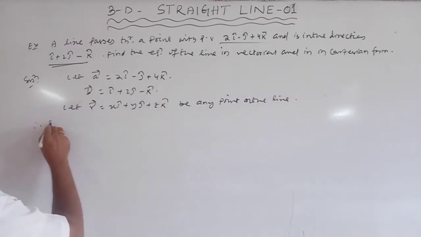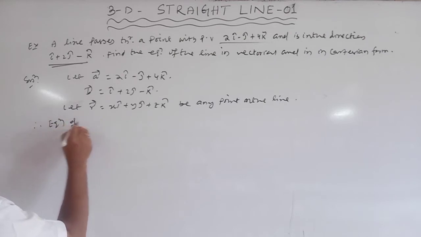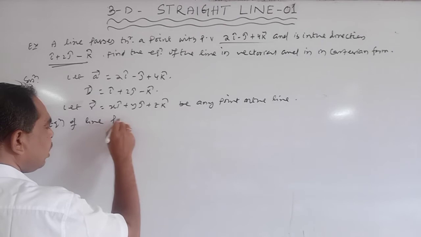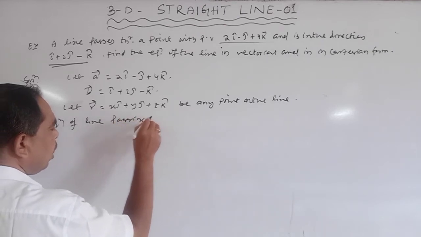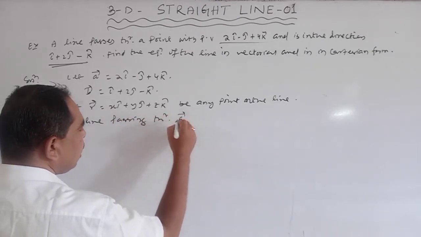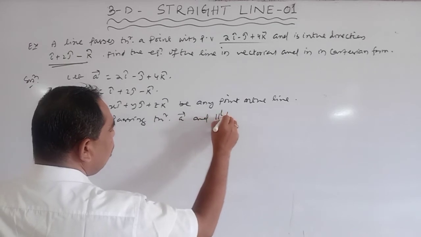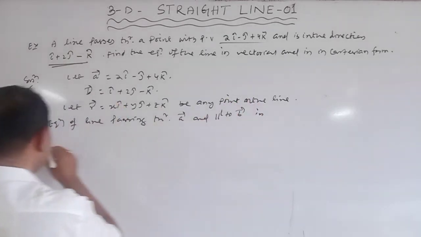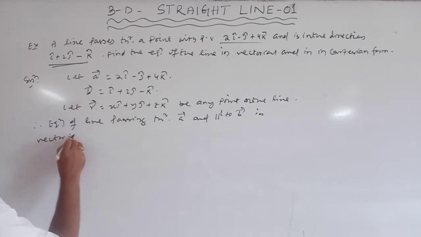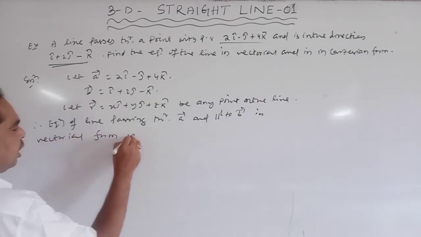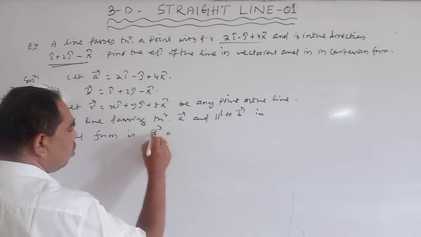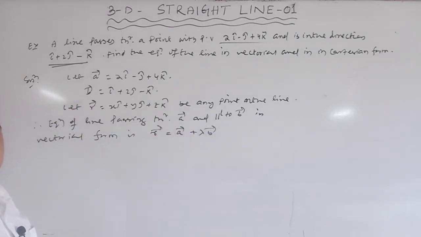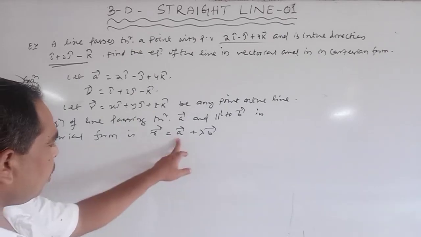The equation of the line in vectorial form passing through a vector and parallel to b vector is r vector is equal to a vector plus lambda times b vector.